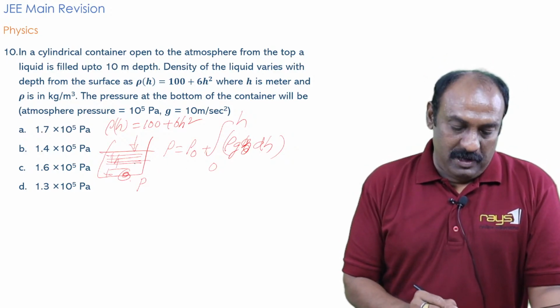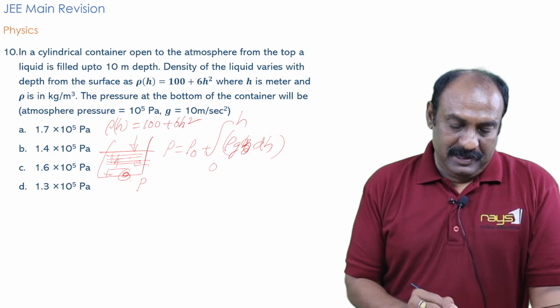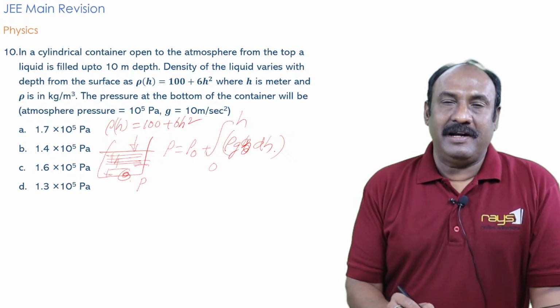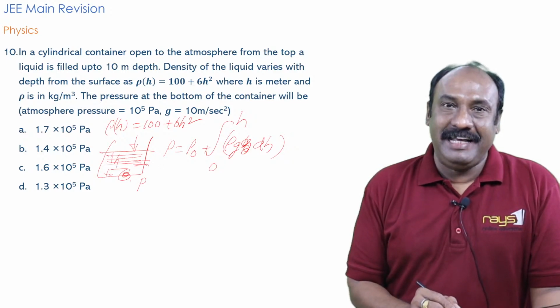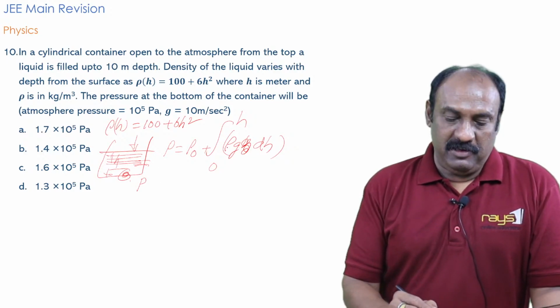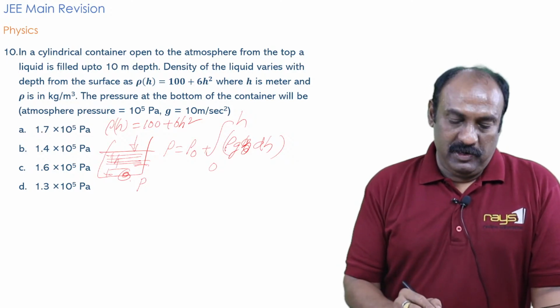I consider a small elemental strip of length dh. Then the pressure exerted by this elemental liquid column of length dh at point B is rho g into dh, where rho is the density.